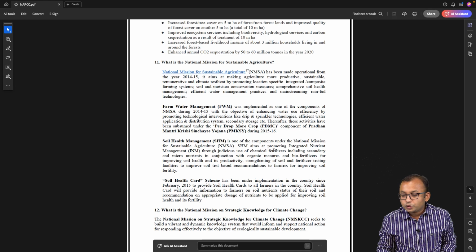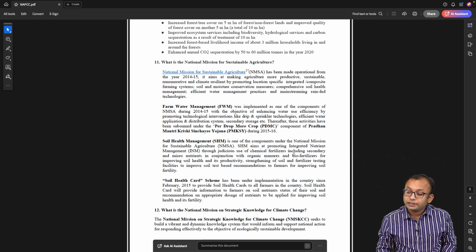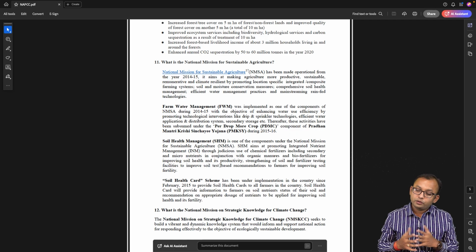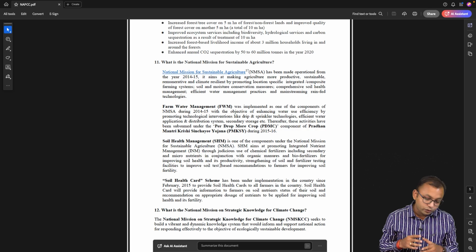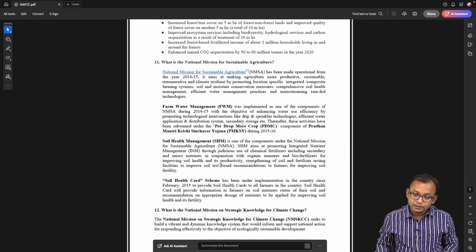So, this aims at promoting integrated nutrient management through the judicious use of chemical fertilizers, including secondary and micronutrients, in conjunction with organic manure and biofertilizer, for improving soil health and its productivity. When you have these sort of materials, we would be able to promote more agricultural health of the system, and then we would have better agriculture.